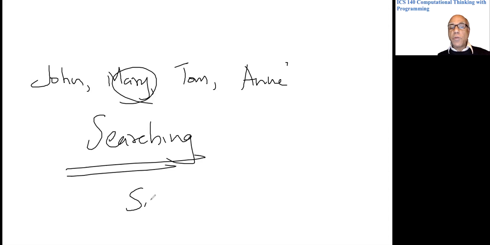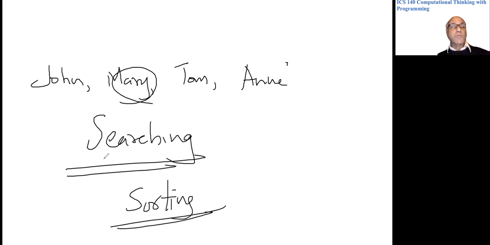Another important problem is sorting, and these were I think problems that have been known ever since we had this field. And they are highly researched areas. And tonight we will be looking at two search algorithms.